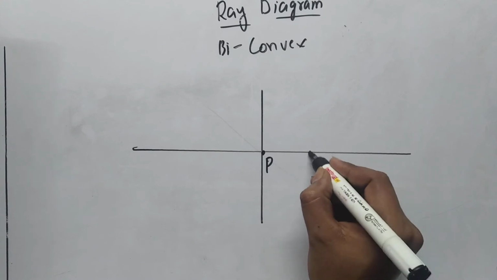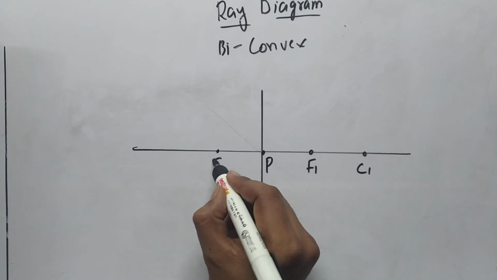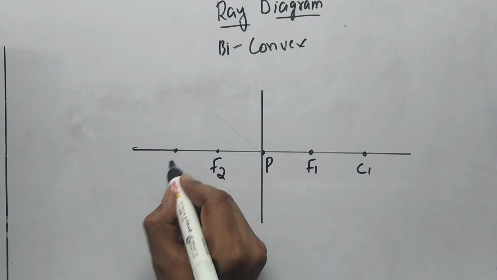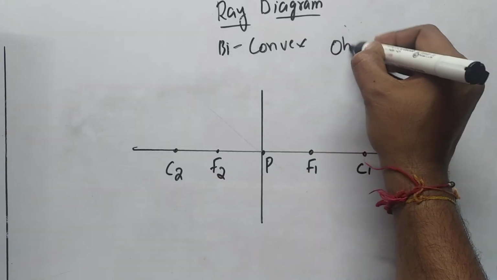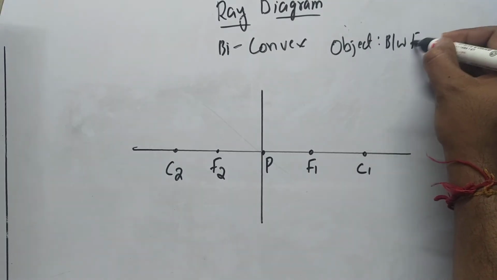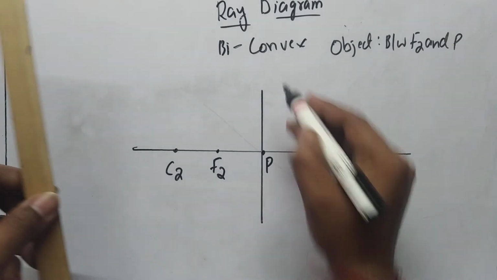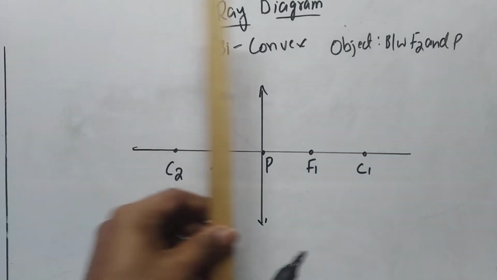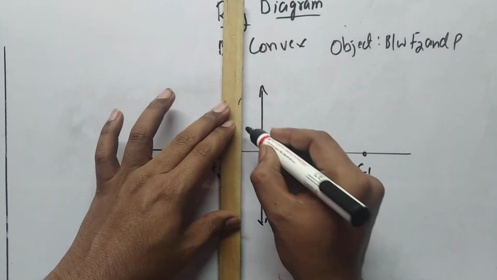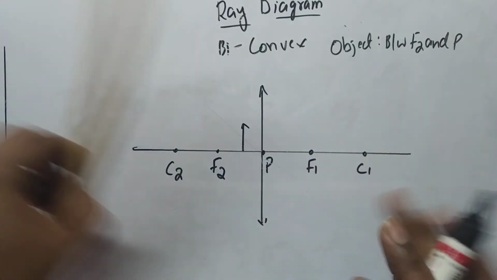In this case, whatever the image is found will be virtual. So now we have to place the object. So what is the position of object? Position of object is between F2 and P. So we have to place an object in between optic center and focus point. So let me place an object which is in between optic center and focal point.